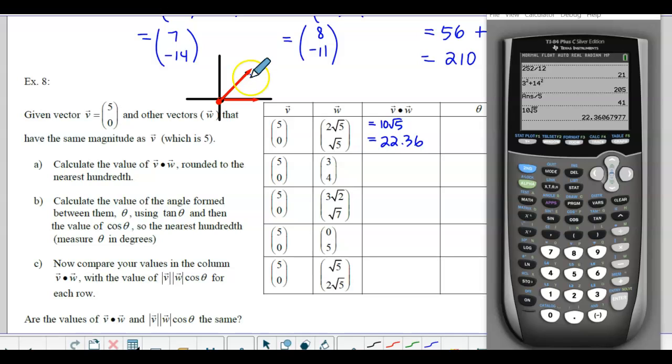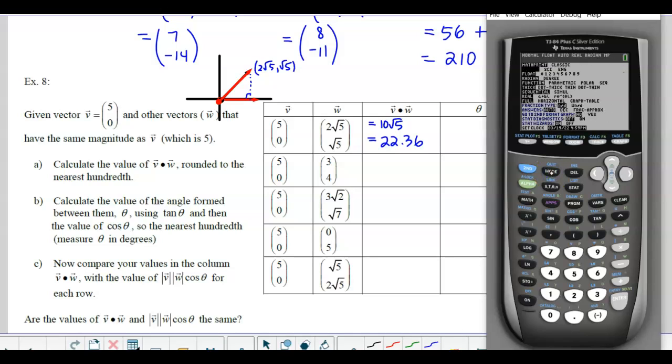So if I were to draw a right triangle here, okay, the y, the opposite side, so this point here, for example, would be (2 root 5, root 5). So this is root 5, this is 2 root 5. So to get theta, I said use tan, so we're going to do it in degrees. So check your calculator, convert it to degree mode. Okay, and then we'll go second tan, the y value, root 5, over 2 root 5.